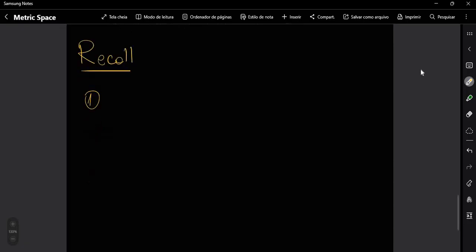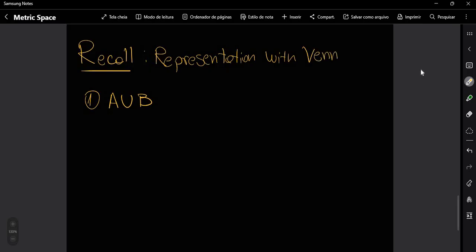So first, if we have a set A in a union with set B, how can we represent this using a Venn diagram? Well, this is very simple. Representation with Venn diagram.